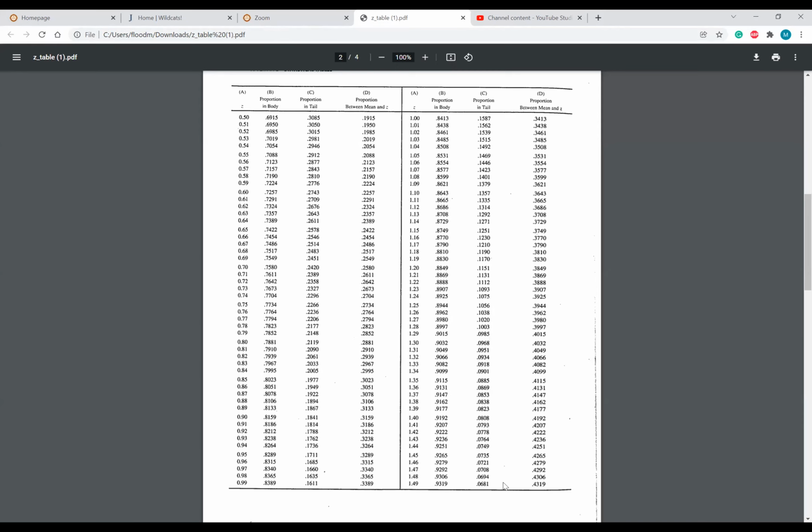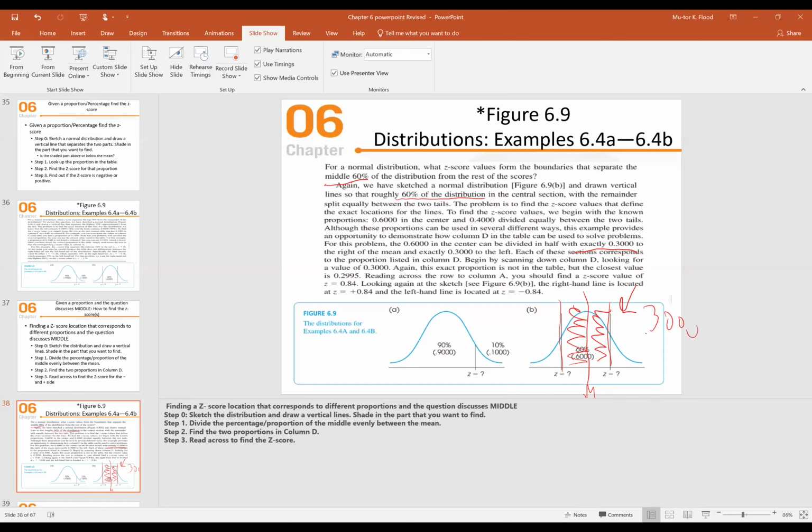All right. However, in this question, it is asking us for two z-scores, one on the left side, one on the right side, right? So the one on the left side is going to be a z-score of negative 0.84.